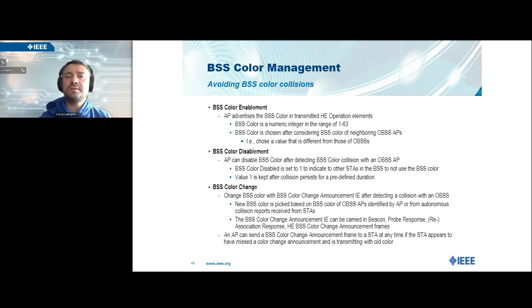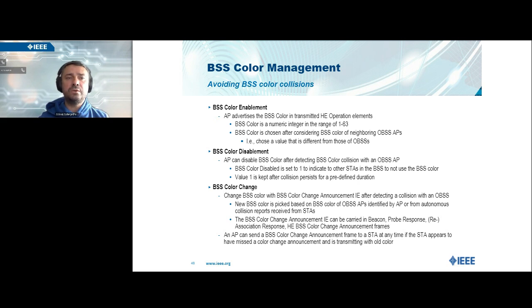The BSS color is chosen by the access point. So when you boot up your network, the access point searches for other neighboring APs, determines what BSS colors they have, and essentially chooses a BSS color that is different from those of the OBSS APs. It can also rely on reports from the stations that are associated to it to make this choice. But there may be cases where you run out of BSS colors because you have, for example, more than 63 BSSs in your neighborhood.